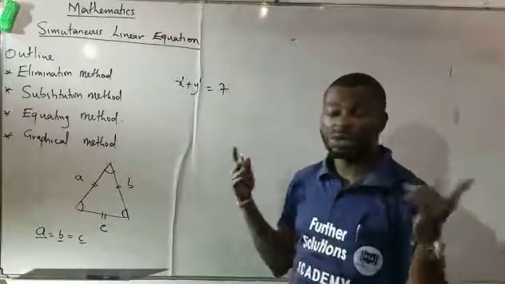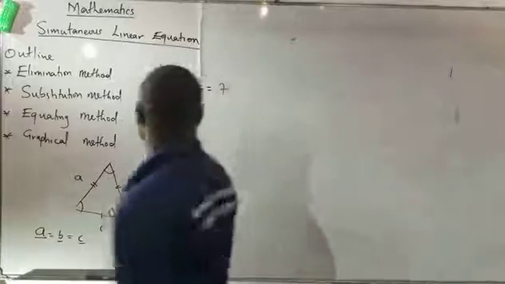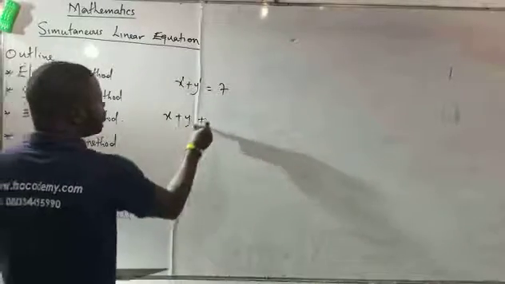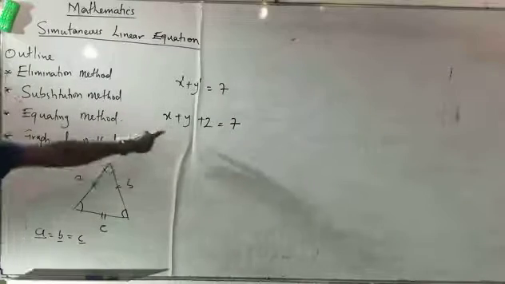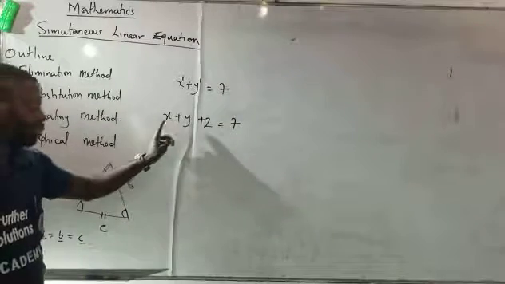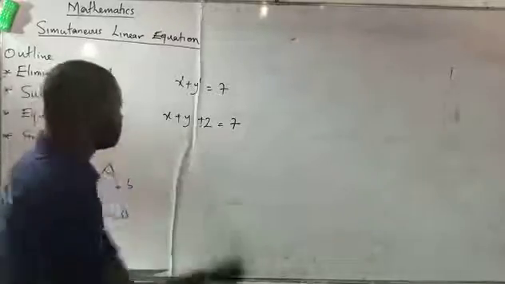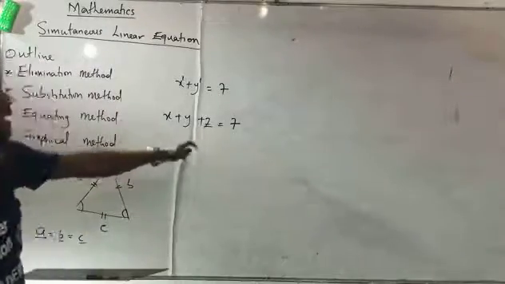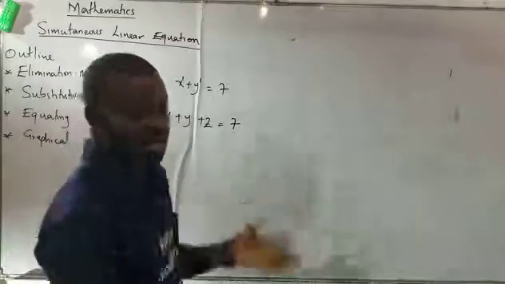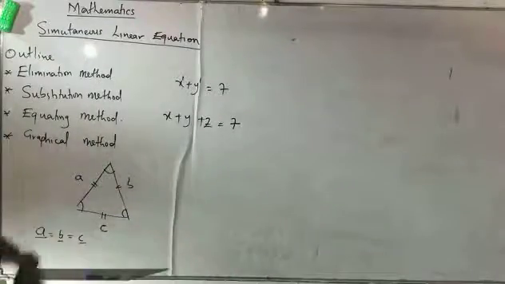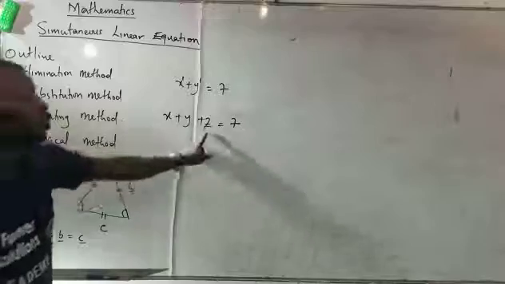You can't get more than one value. And mind it, when you have x plus y plus z equals something, it can be 7. At this junction, we have three unknown variables, which are x, y, z. This is a z, please. For me to generate this, I will have three simultaneous equations: 1, 2, 3, because there are three unknown variables.